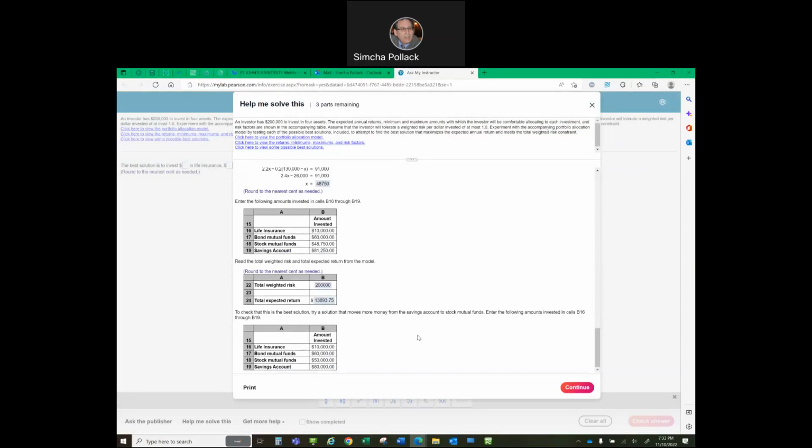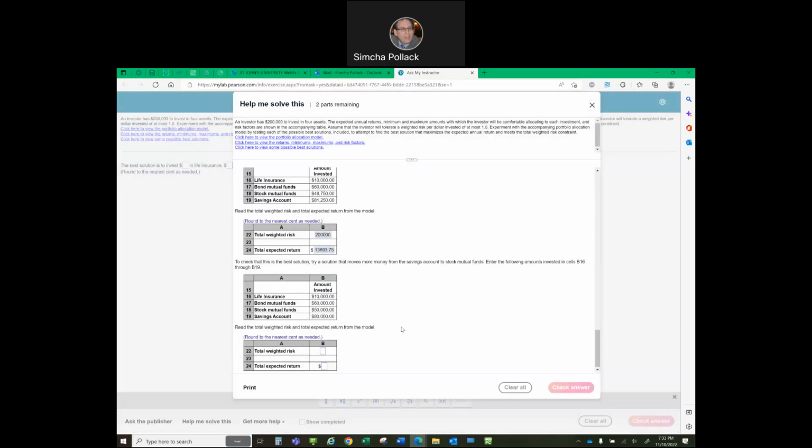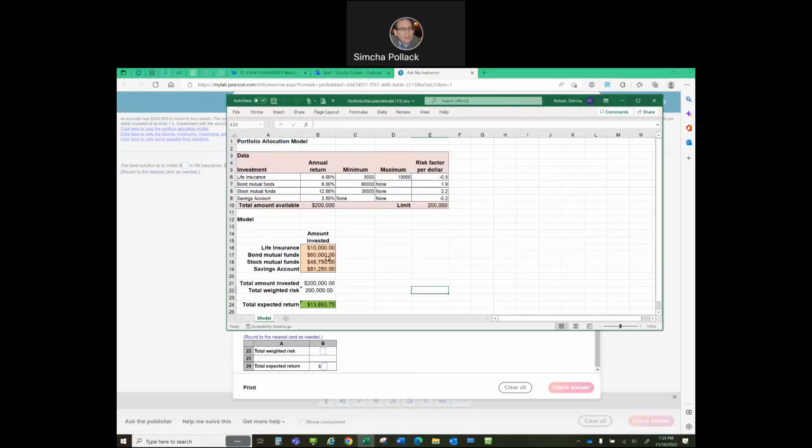Okay, now they want you to do one last step to check that this is actually the best solution. Since we sort of did this by trial and error, we have no idea if this is the best solution. They tell you to try a different solution and see if it's better or worse. If you read the total weight, they said make these numbers 50,000 and 80,000. This won't be necessary for the answer because the answer only requires typing in the optimal solution, so this step is really extra.